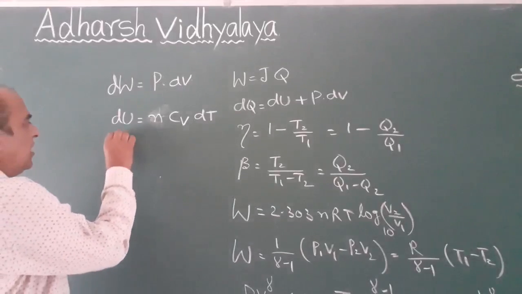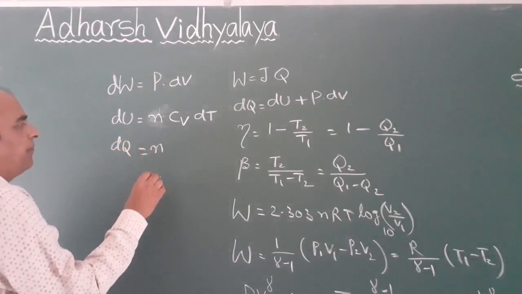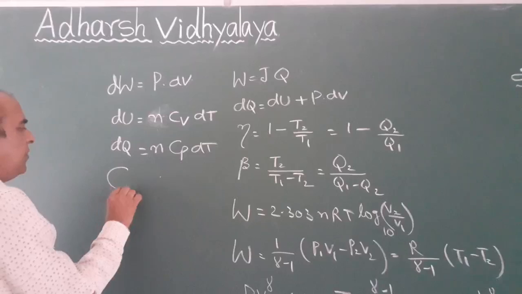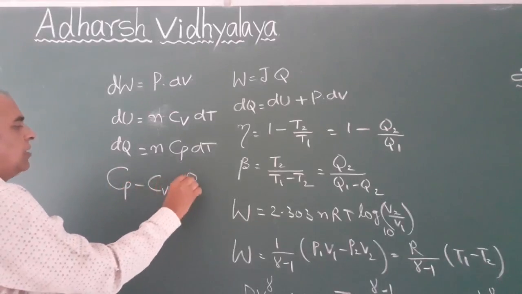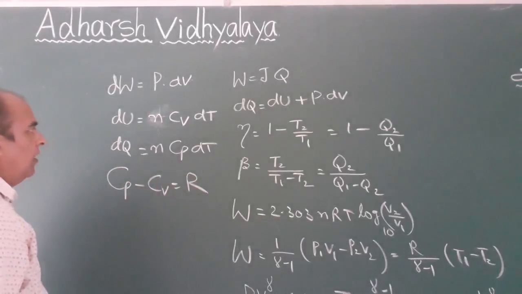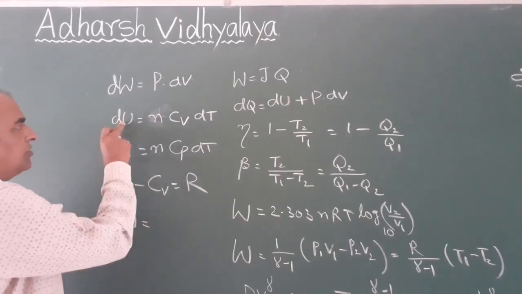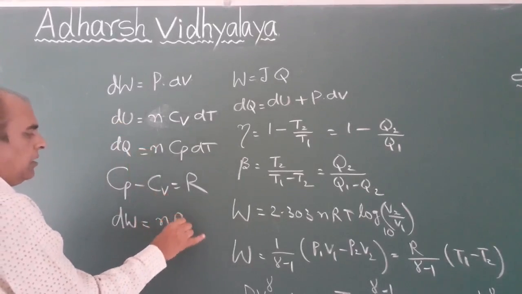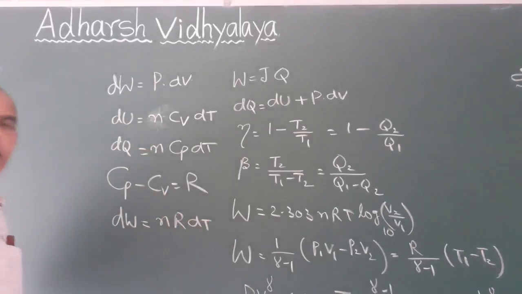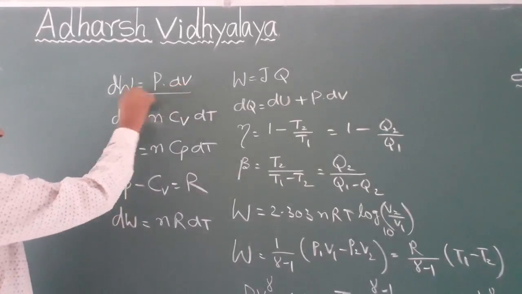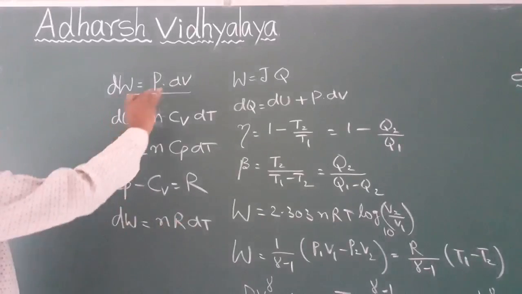Heat energy dQ is equal to n Cp dT. Cp minus Cv is equal to capital R, and work done dW is equal to dQ minus dU, that is nR dT. Work done in an isobaric process is nR dT or PdV.